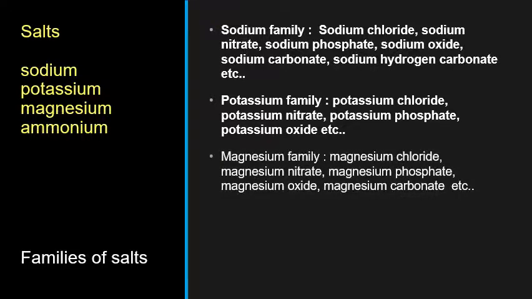Next magnesium: magnesium chloride, magnesium nitrate, magnesium phosphate, magnesium oxide, magnesium carbonate, magnesium hydrogen carbonate, like that. Understand? So the ammonium family also: ammonium chloride, ammonium nitrate.